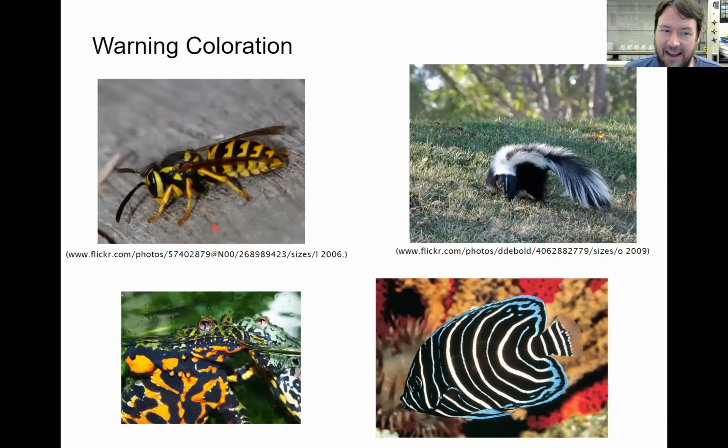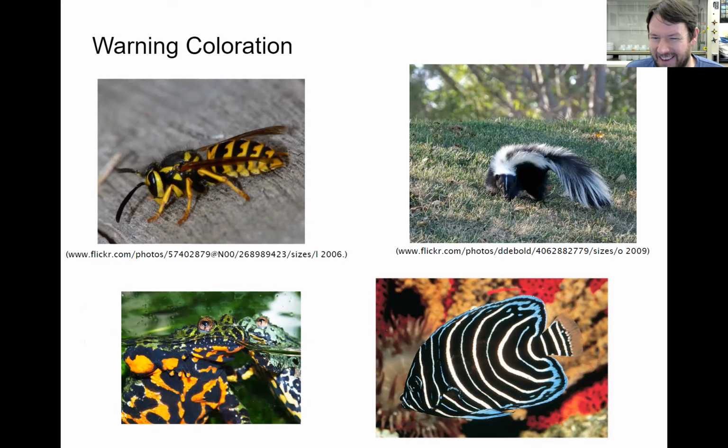So some other examples of that, like yellow jackets, bees, because they sting, right? Skunks because they can spray. This would not be a frog that I would want to lick. This is almost certainly toxic. And this angelfish here, again, almost certainly toxic.